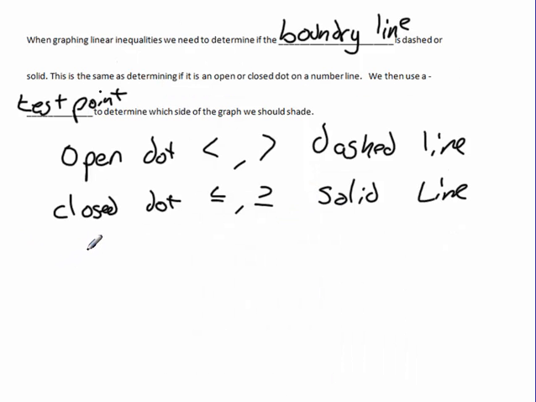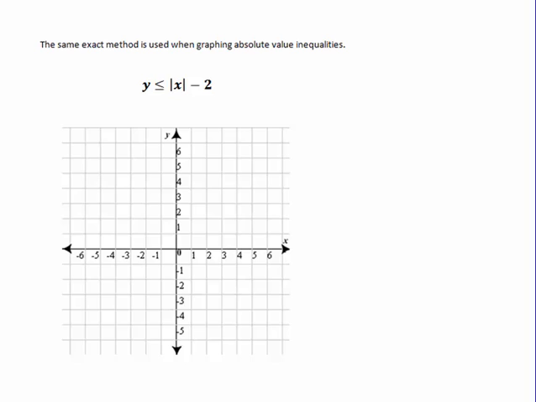So this idea of having a dashed line or a solid line, and using a test point to determine which side or which region we should be shading, the same exact method is used when graphing absolute value inequalities.